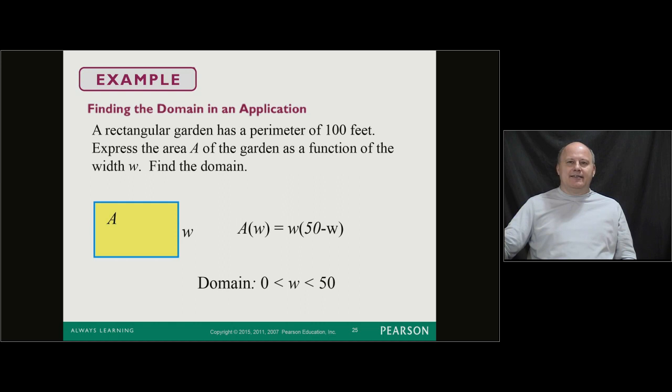So that defines the domain. The domain has to be between 0 and 50. So that's what W has to be. Anything between 0 and 50. Besides, if two adjacent sides have to add up to 50, then it doesn't make sense for one side to already be bigger than 50. So W is between 0 and 50.